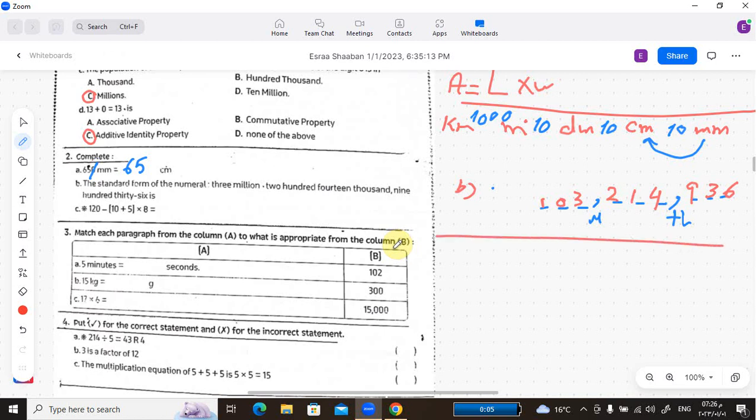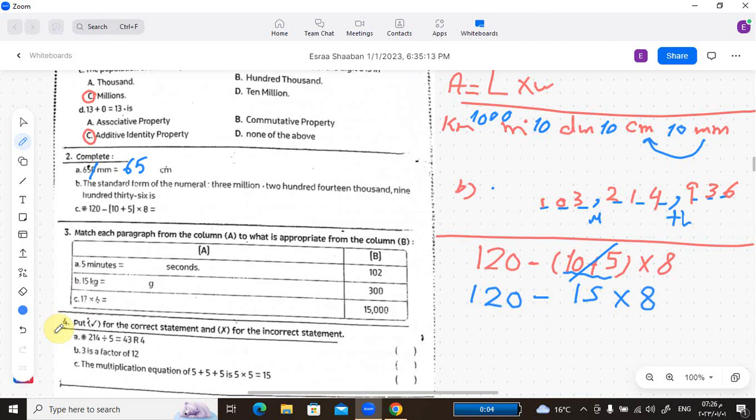Letter C. 120 minus bracket 10 plus 5 times 8. We said before the brackets first. We solve what is inside the brackets first. So here 10 plus 5, it will be 15. That means 120 minus 15 times 8.